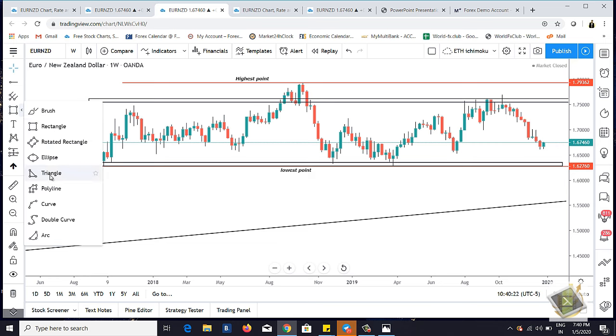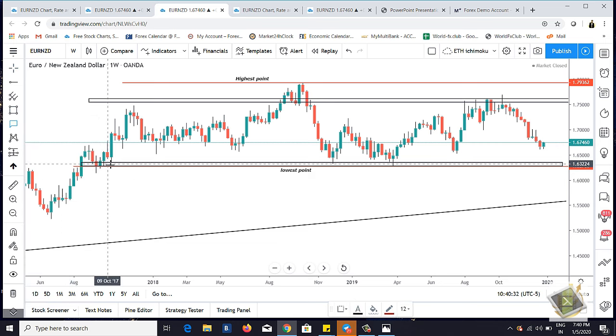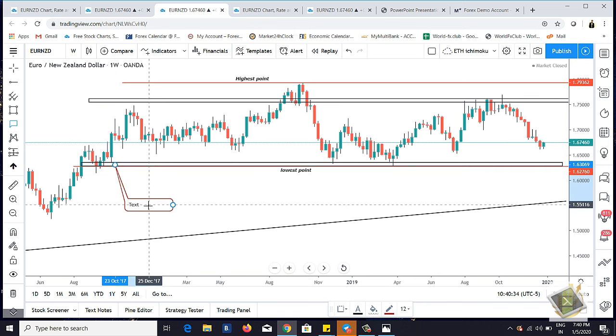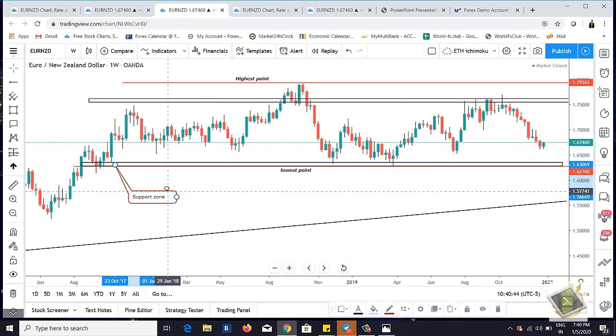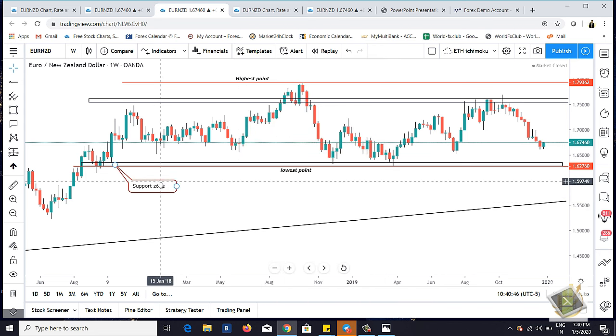So we are analyzing a bigger time frame chart. We have to dig deeper and try to find opportunities to trade. So I'll write here, this is support zone. TradingView is an awesome software where you can write all these things.